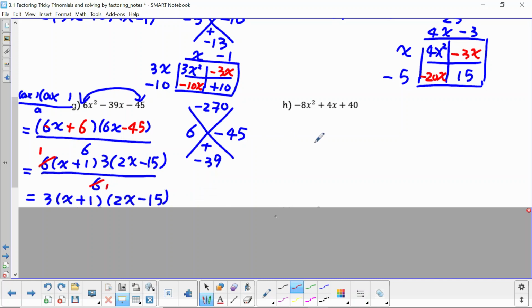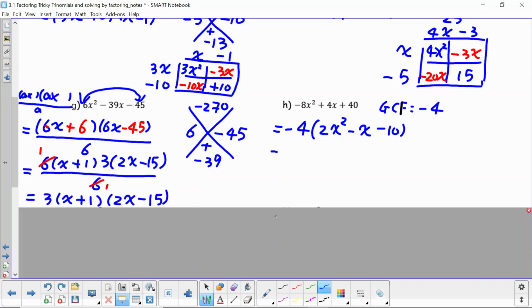Okay. So the next one, 8, 4, and 40, we have greatest common factor 4, and like I said, we don't want the negative at front of the first number, so we take negative 4 out of the bracket. So negative 4 times each term divided by negative 4, you have 2x squared minus x minus 10.